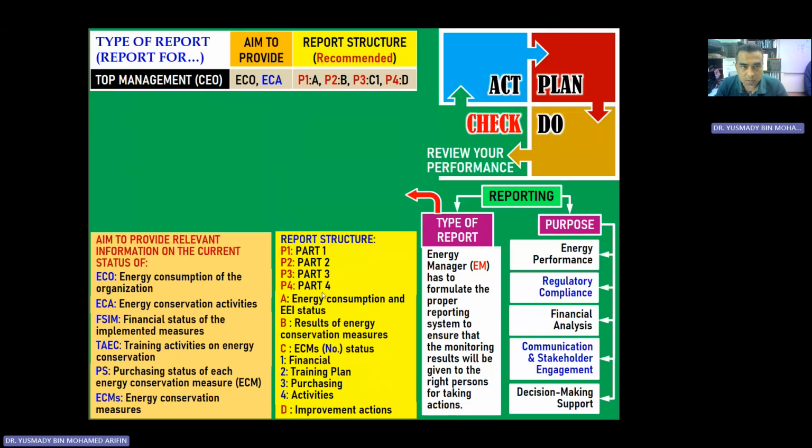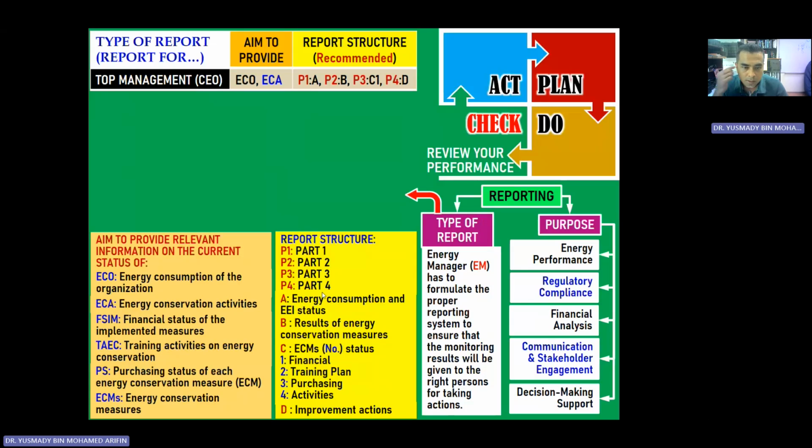So for the top management, CEO, the aim of the report is to get information such as ECO, energy consumption of the organization, and also ECA, energy conservation activities. So in terms of report structure for the top management, we will have at least 4 parts.